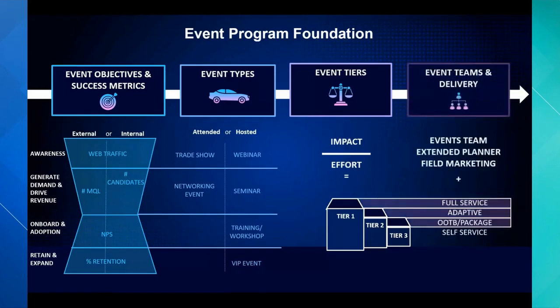Then we have event teams and delivery. This is all about the who and the how. Who are the different teams that are executing events, from your centralized meetings and events team to a regional field marketer? We're identifying the roles and responsibilities on those teams when it comes to event execution. We're outlining the competencies, the skill sets that are needed to be successful.